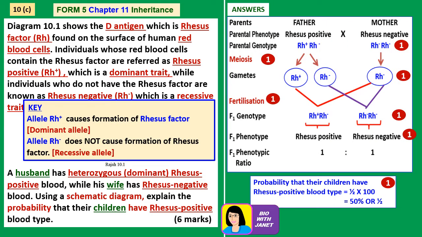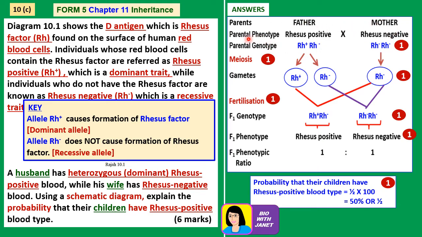Right, so now let us discuss how to draw the schematic diagram for the inheritance of rhesus factor. First of all, we have to determine the genotypes of the husband and the wife, and then from these genotypes, we draw the schematic diagram. We can find the genotypes of their children and then the phenotypes. So parents: father, mother here, or husband, then wife.